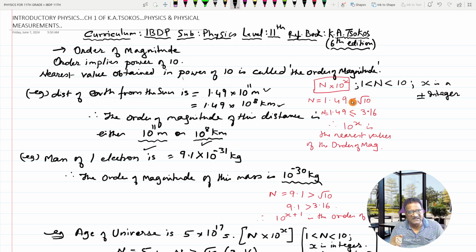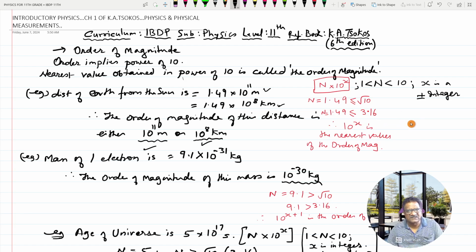Here, the number is 1.49 into 10 raised to 11 meter, and 1.49 is less than or equal to 3.16. Therefore, the order will be 10 raised to 11 meter, or it can be written as 10 raised to 8 kilometer as well, because in both cases 1.49 remains less than or equal to 3.16.